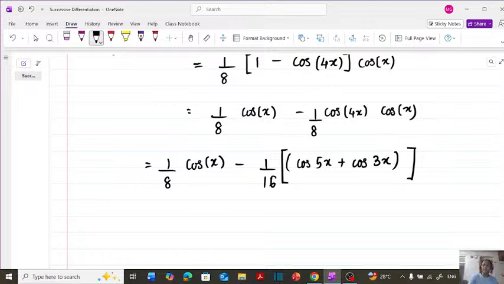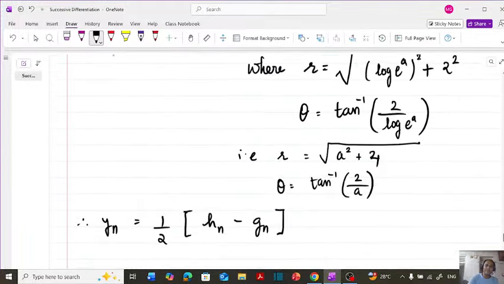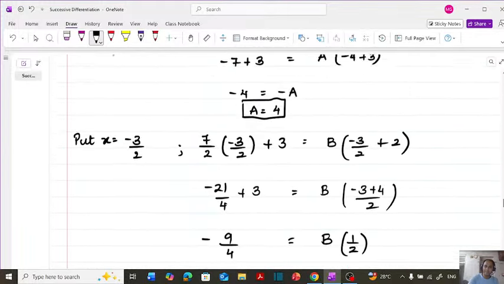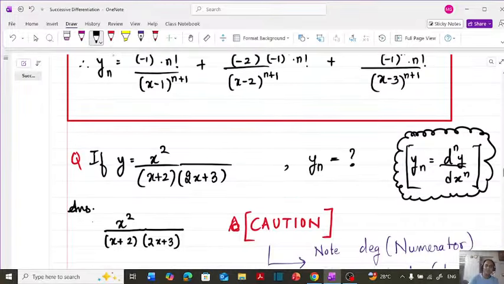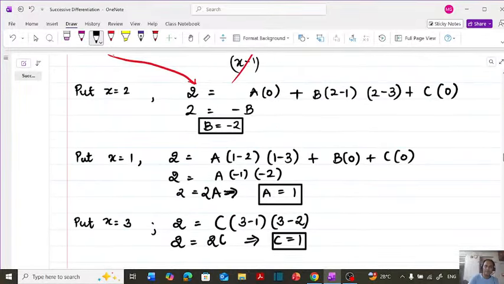Now when we have this expansion ready for the cosine theta, recognize the formula. Is there a k? K is going to be 0. In that formula k is a real number that I told you.